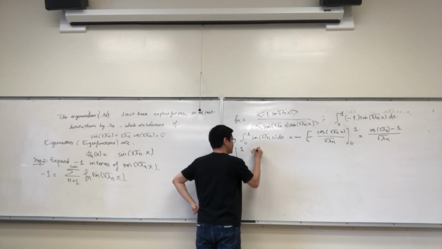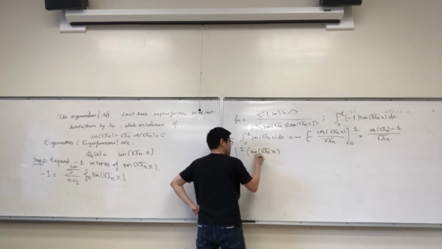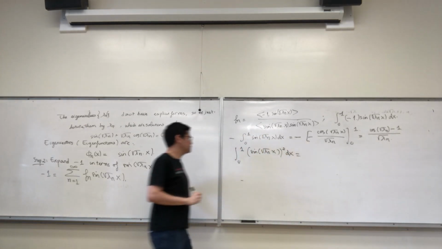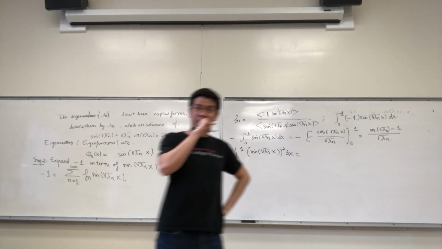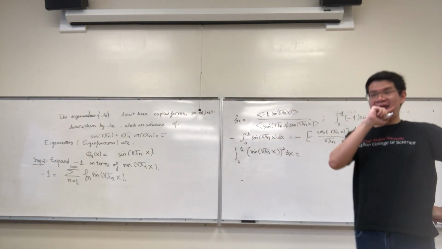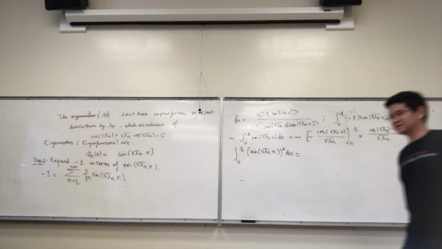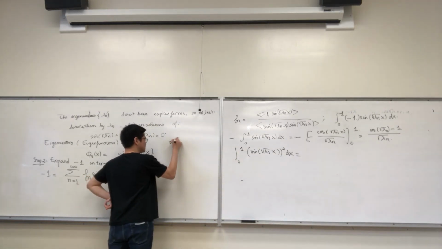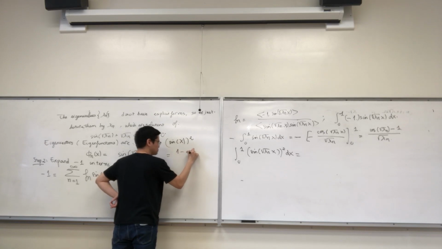So I have the integral of sine of square root of lambda n x, squared, dx. Here I have sine squared. So what formula should I use? 1 minus cosine 2x. Excellent. So sine x squared will be 1 minus cosine of 2x divided by 2.